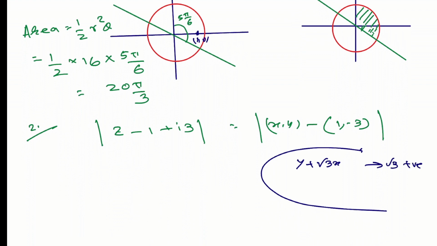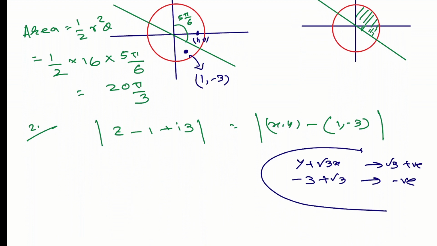And if we put (1, minus 3) here, x is 1 and y is minus 3, so obviously it is negative. Therefore the point (1, minus 3) is on this side. This is (1, minus 3). Its square distance is 9 plus 1, 10. So this is within the circle.